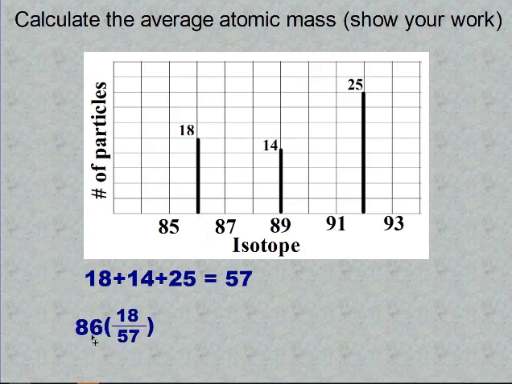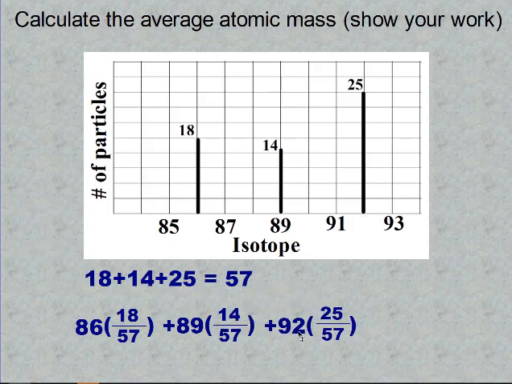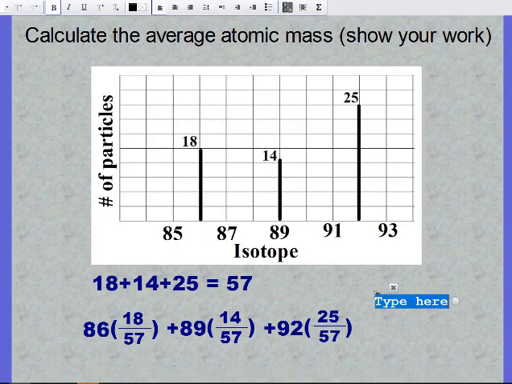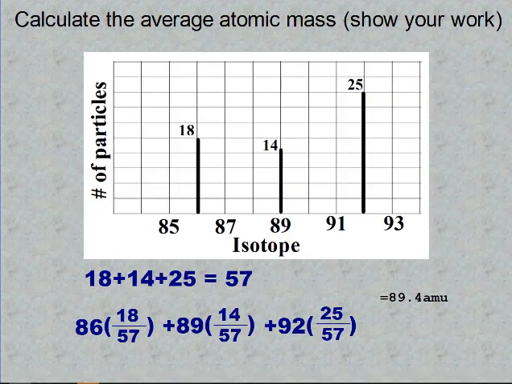So we had 86 as our mass times 18 over 57. Plus, our next isotope has a mass of 89, but there's only 14 of it. But there's still 57 total atoms, or particles. And finally, the last mass is 92, and there's 25 of it. So plugging that into the calculator, you get 89.4 AMU.